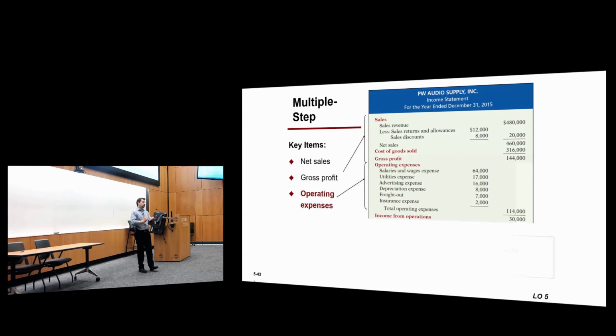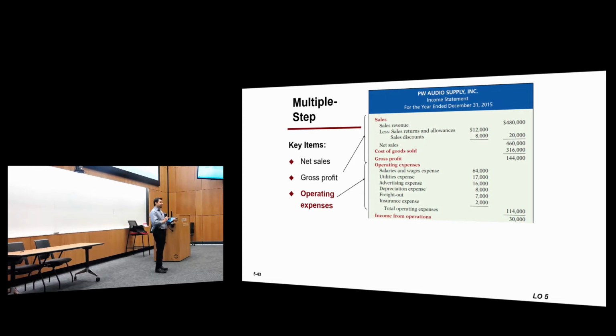After that information, the company will start listing operating expenses. So the first part was to calculate net sales and gross profit. After that, the company starts listing operating expenses. Those include salaries and wages expense, rent expense, advertising expense, supplies expense, depreciation expense. All these expenses will be listed under operating activities.